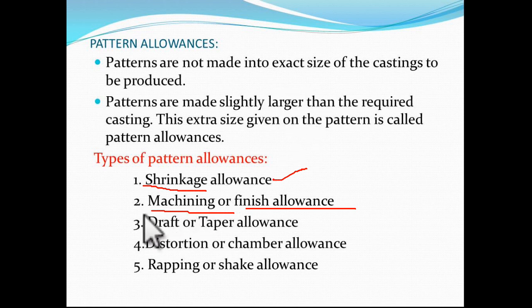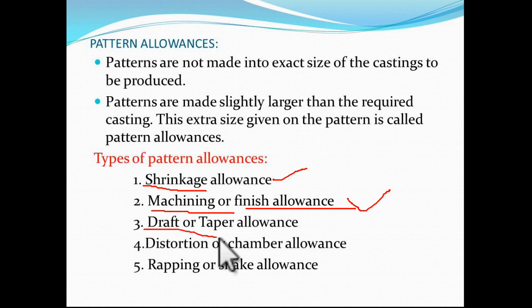Even though extra size is given, we should machine as per our requirement and give some final finishing to the final product. That's why this finishing allowance is required. The extra size given to the pattern for material finishing is the machining allowance.